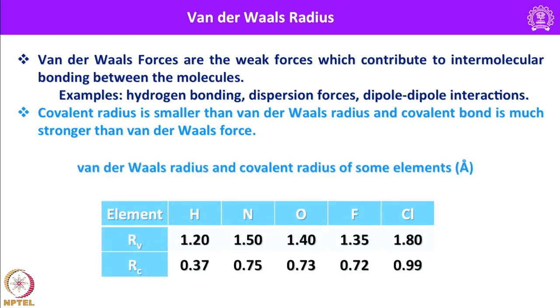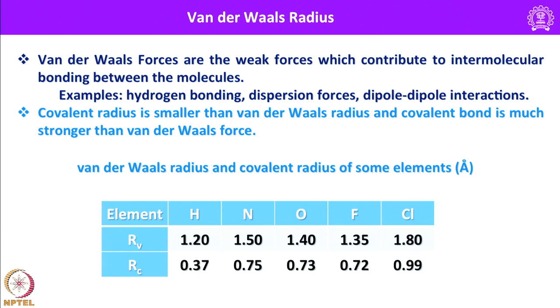The van der Waals radii and covalent radii of some elements are given here for better understanding, for example hydrogen, nitrogen, oxygen, fluorine and chlorine. You can see the covalent radii are about 0.37, 0.75, 0.73, 0.72 and 0.99 respectively for those elements.